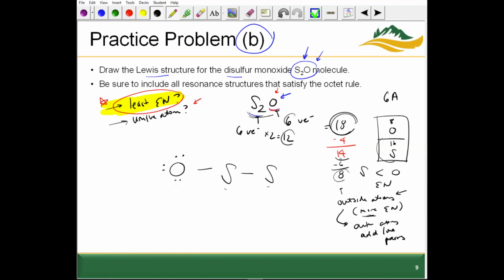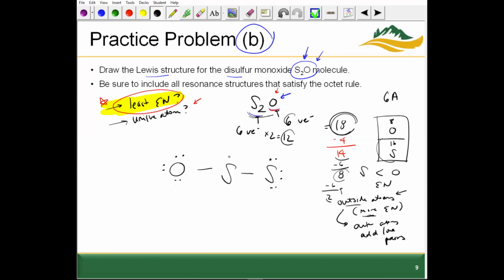So we have 8 electrons remaining. Let's start adding these on to the outer atom of sulfur. So this is now 1, 2, 3, 4, 5, 6. We've used up 6. We have 2 left. This sulfur now has a happy octet.